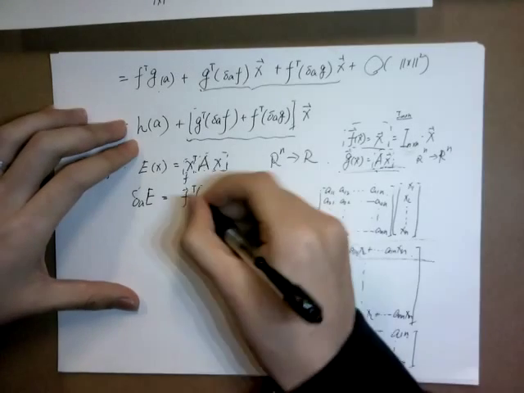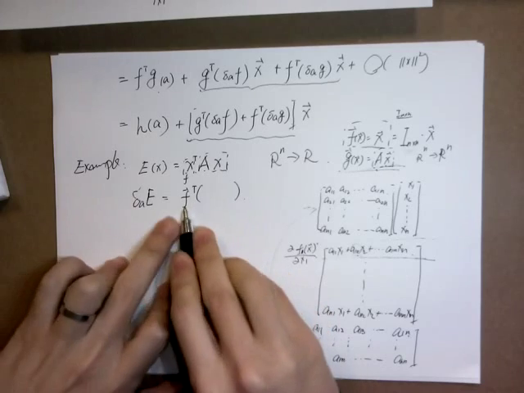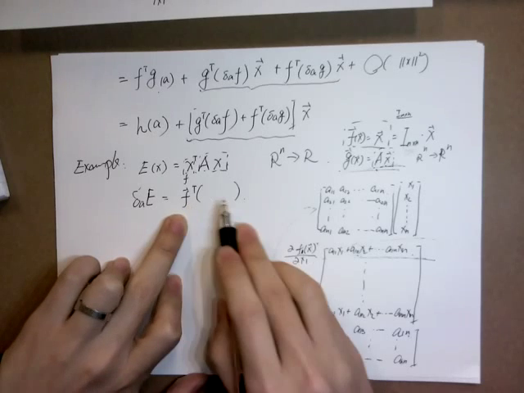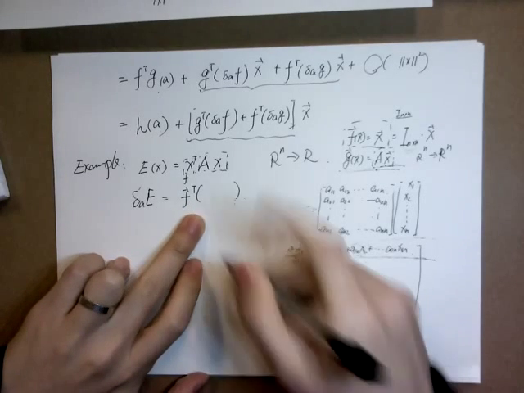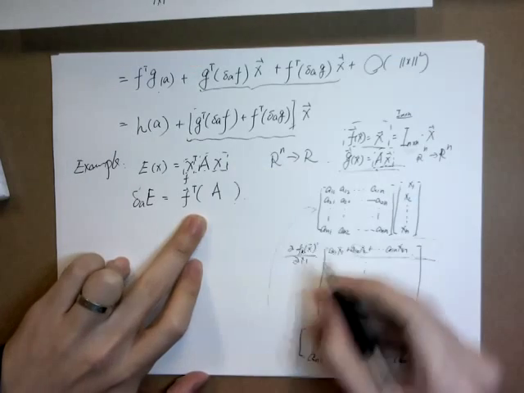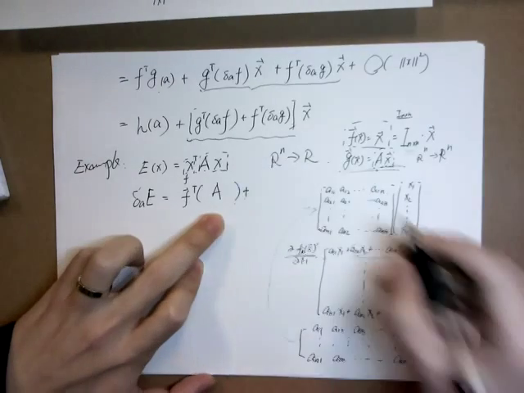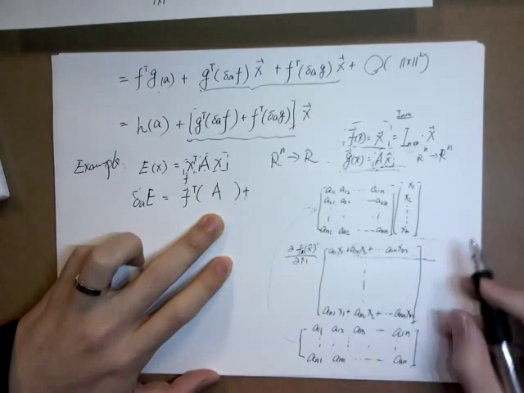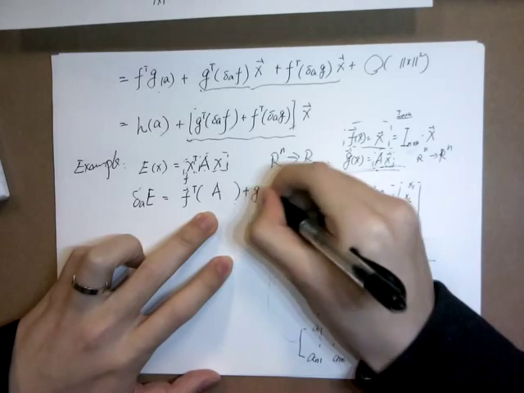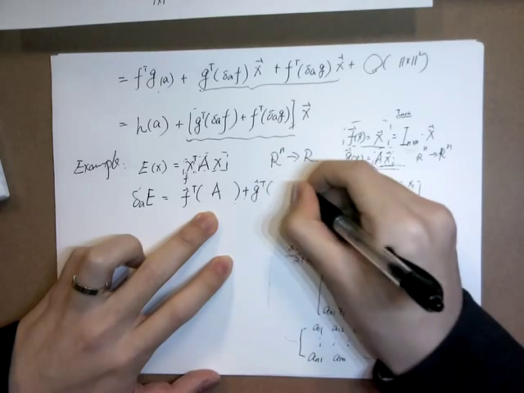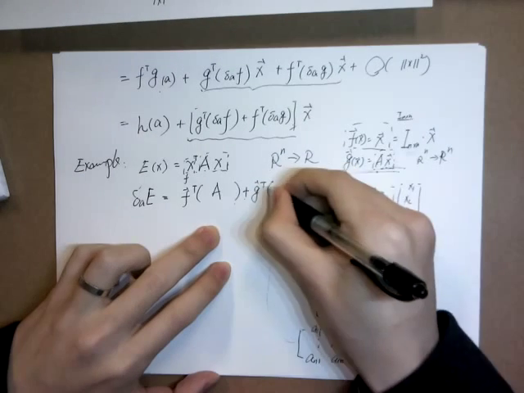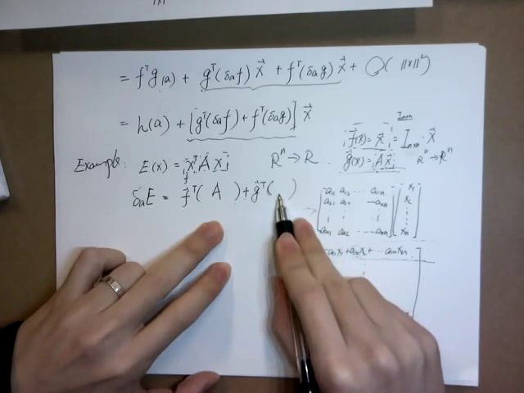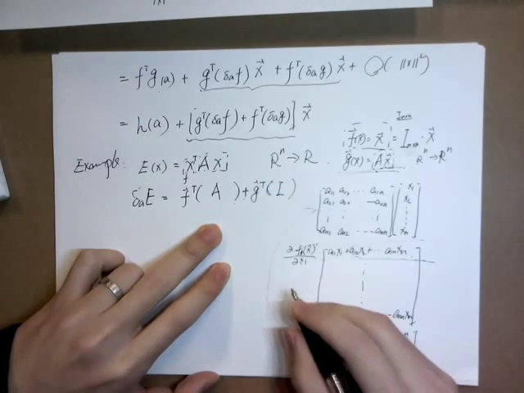Okay, so let me write it down. Here, I want to get f transpose multiplied by the Jacobian matrix of g, which is A. And also, I want to get g transpose, which I'm going to write here, multiplied by the Jacobian matrix of f, which is the identity.